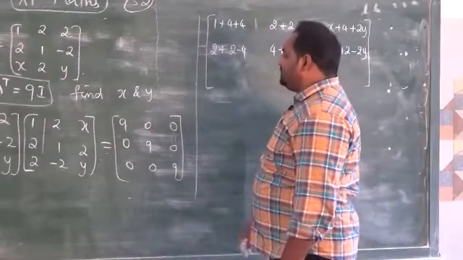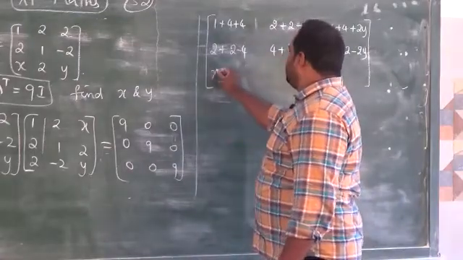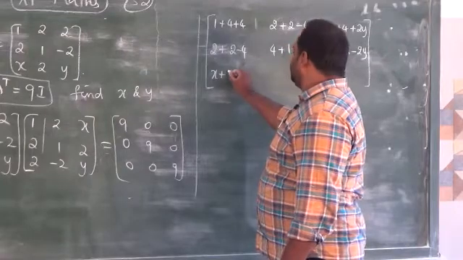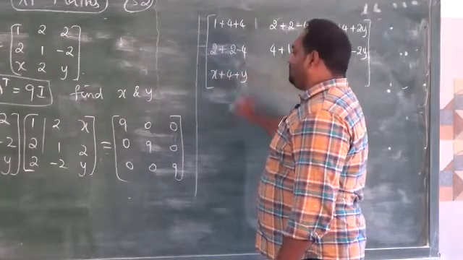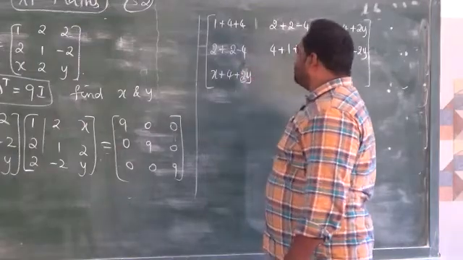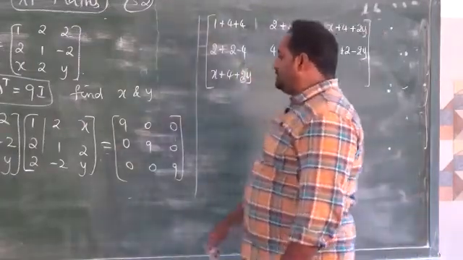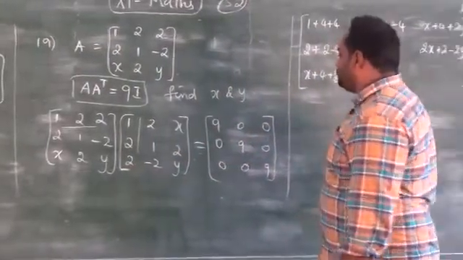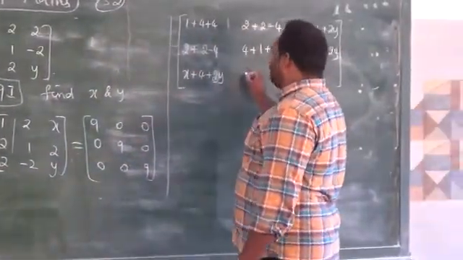Next, x plus 2 into 2, 4, plus 2y. Third row, first column: x plus 4 plus 2y.